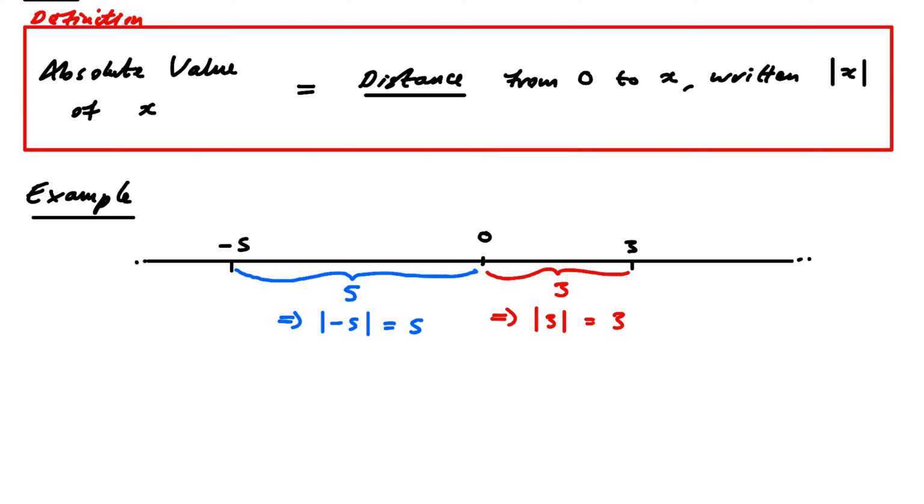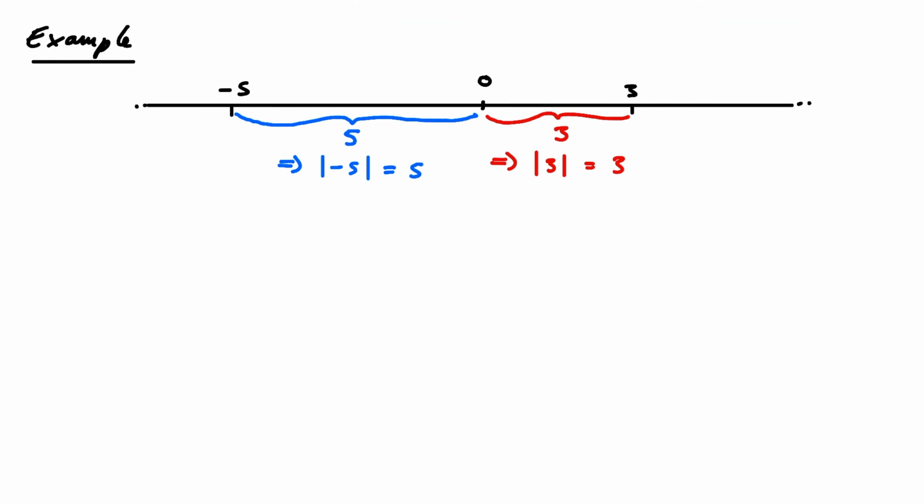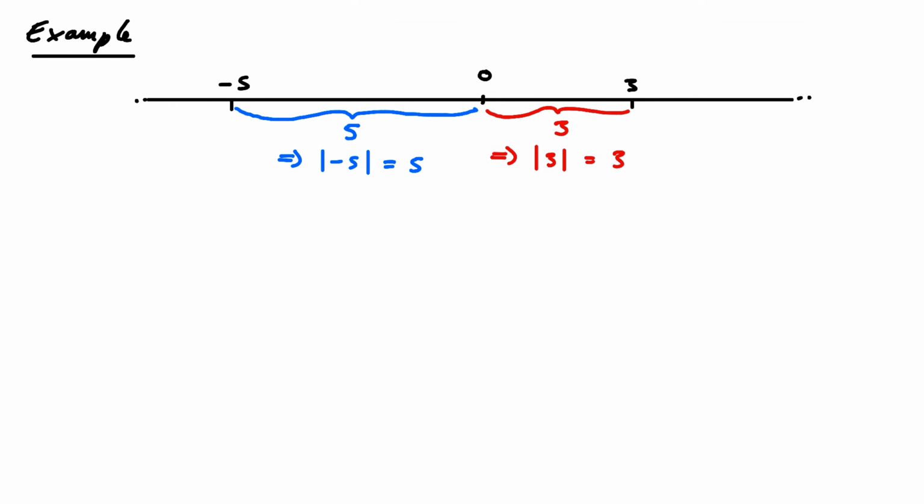So let's precisely capture this. This is something we've already seen, but it's nice to do it really carefully. So more generally, the absolute value of x is equal to x.